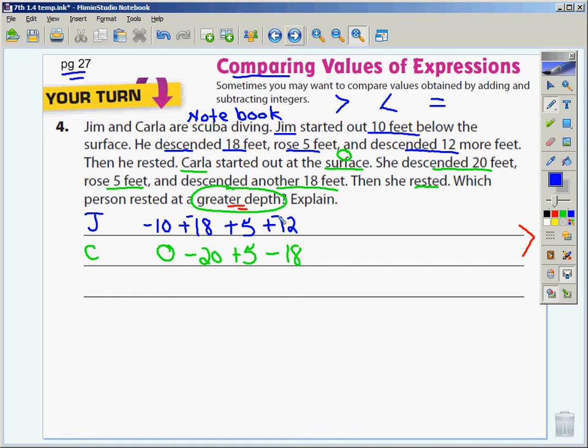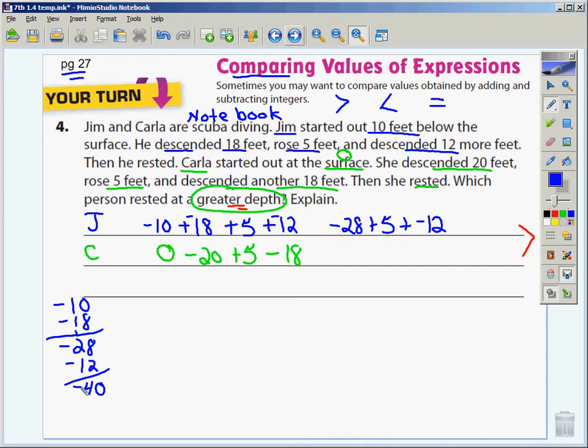So, on Jim, I can see I have a negative 10 and a negative 18 that have the same sign. I'm going to add those first. That gives me a negative 28. I can also see I have a negative 28 and then negative 12, also having the same sign, so I'm going to add those as well. 8 and 2 is 10, carry the 1. 2 and 1 is 3, and 1 is 4.